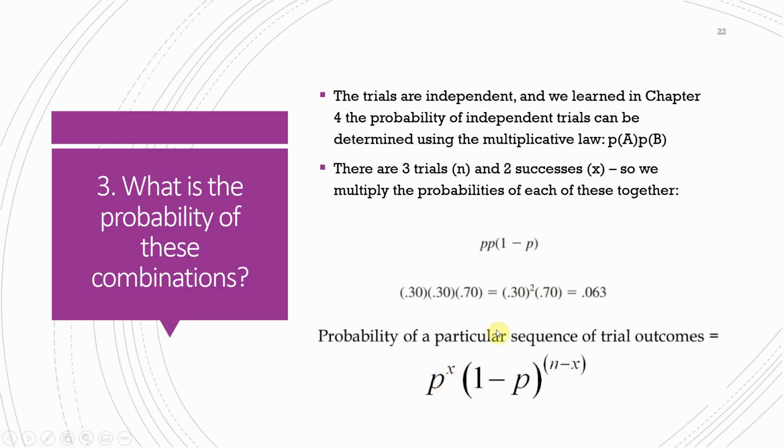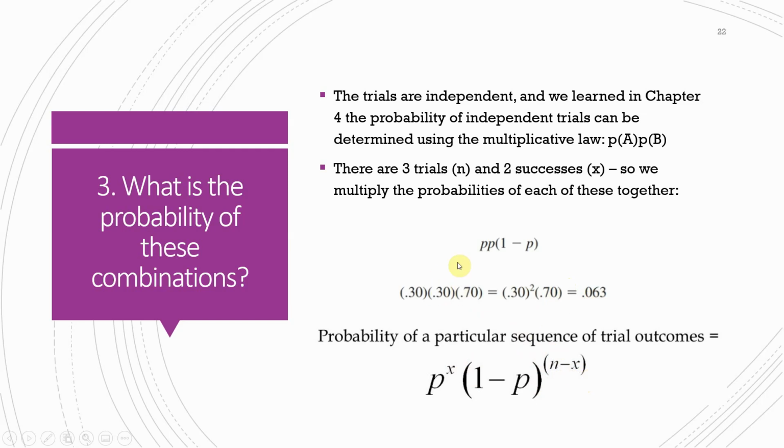So P to the X is 0.3 raised to the 2. And then it's multiplied by 1 minus P, so that's 1 minus 0.3, which is 0.7, raised to N minus X. N is 3, X is 2, 3 minus 2 is 1. So there's nothing there, but it's implied that there's a 1 there. If we use this equation, we would get 0.063.